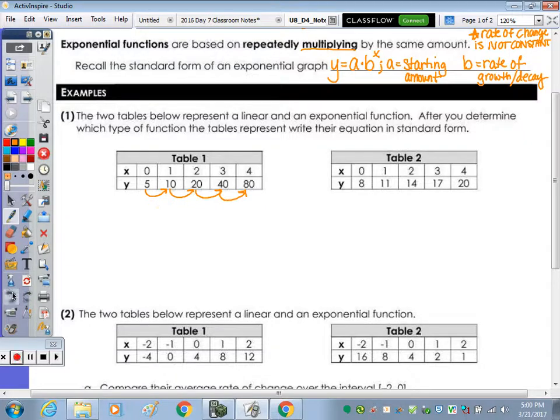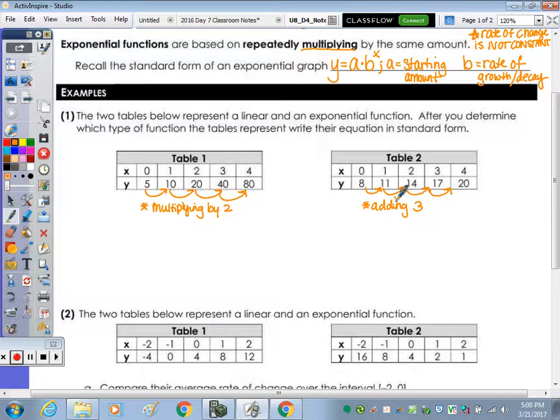So instead of writing the dot 2, I'm just going to make note that we're multiplying our y values by 2. Here, our y values from one to the next are increasing by 3. So we're adding 3 to our y values.